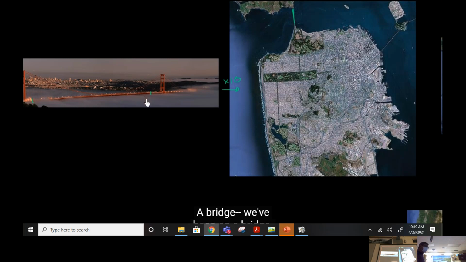We've been on a bridge, we know what a bridge looks like. We know that a bridge is huge, but it doesn't feel like something that we can't comprehend. Already a city is something that we can't comprehend all at once. We can drive across the city, we can look at satellite imagery, but if I were to show a human on this, it would be unbelievably small.